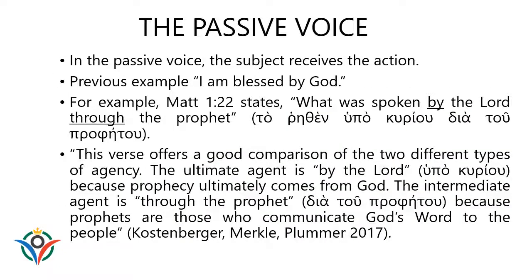The passive voice, on the other hand, is when the subject receives the action. So in the second lesson, I gave the simple example, I am blessed by God, where the action of blessing is done by the agent, God.